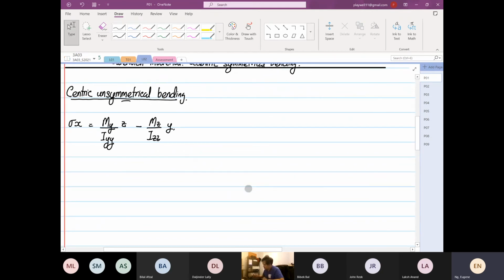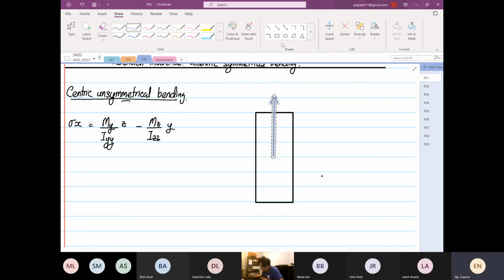If we were to draw our structure of analysis, I'm going to do something simple, a rectangular structure. And then we have our two axes: over here, this is your y, and over here, your z.